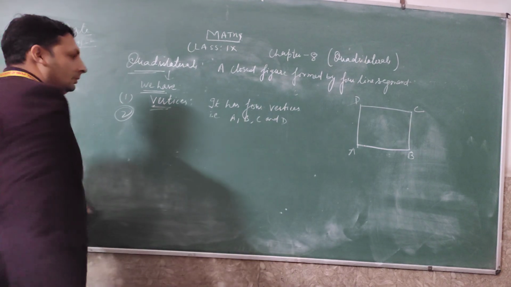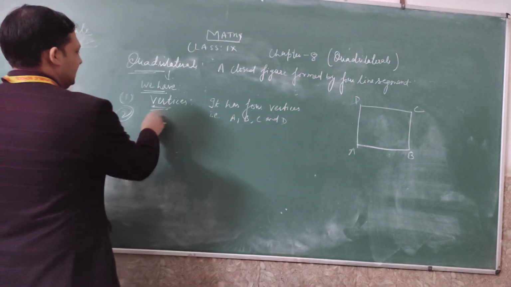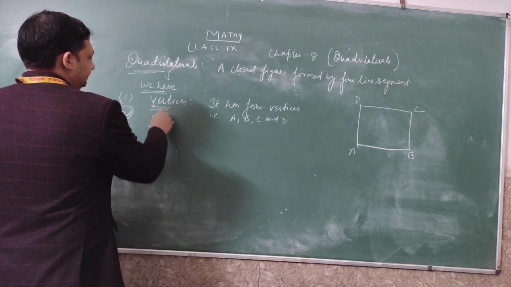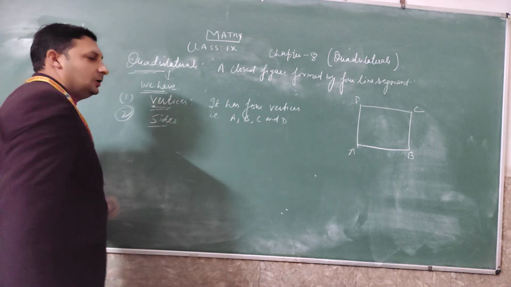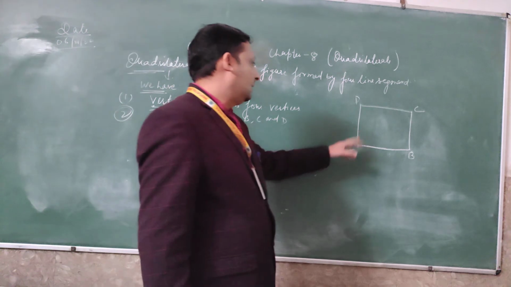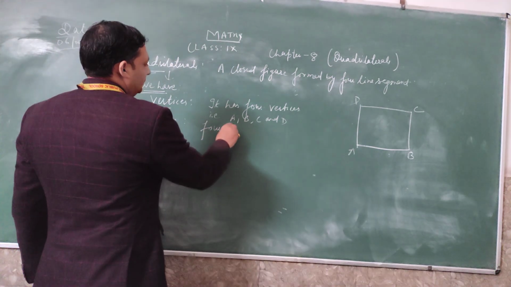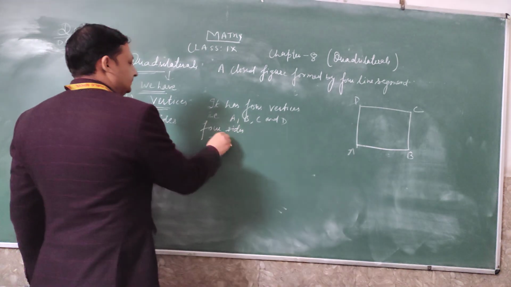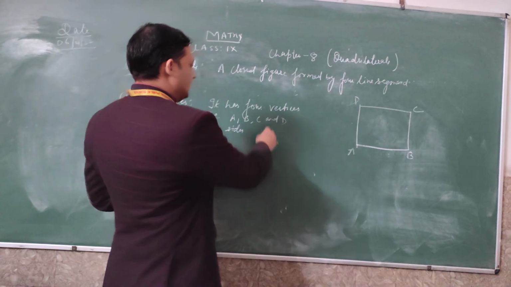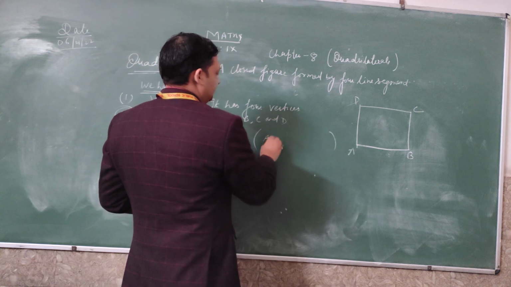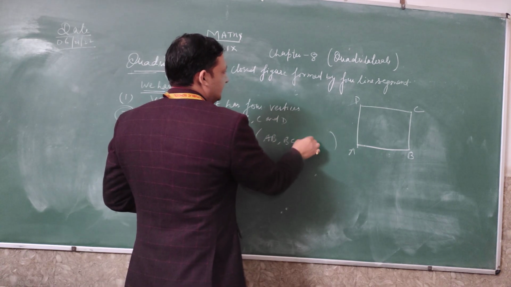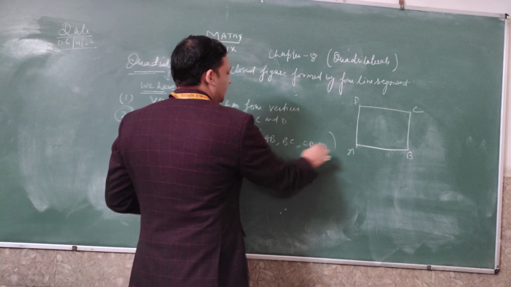Second, it consists of sides. So dear students, how many sides? It has 4 sides, and the names of these sides are AB, BC, CD and AD.